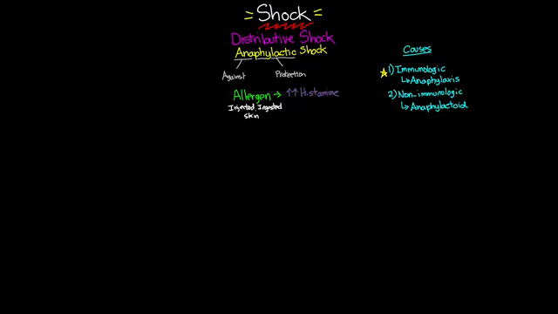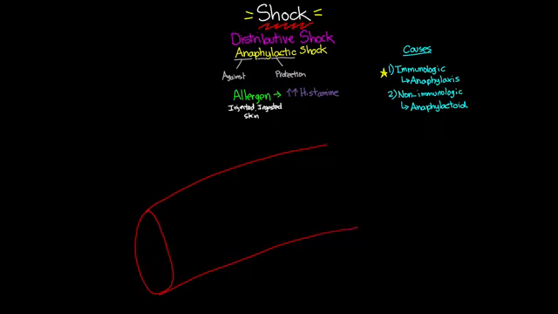All right, at this point, let's talk about what's actually happening inside of our body with these reactions. Here we're going to draw out a blood vessel. The first one we're going to talk about is our immunologic reaction, or the anaphylaxis. You end up with this allergen that has now entered into the bloodstream. The first time that your body sees this, it's going to interact with a B cell.